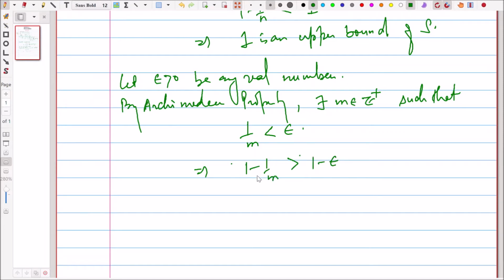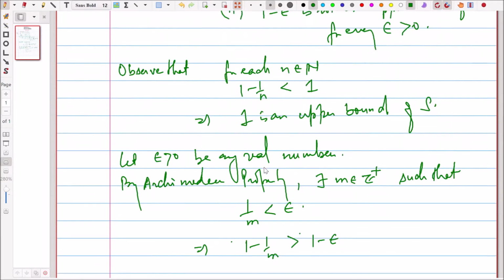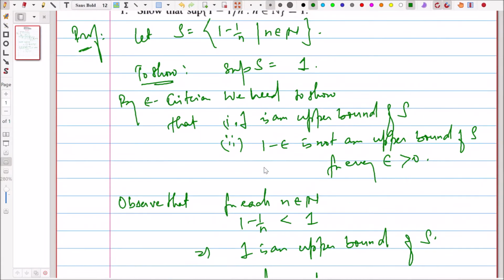Now 1 minus 1 by m is a member of S, because S is the collection of all the elements of the form 1 minus 1 by n, where n is a natural number.